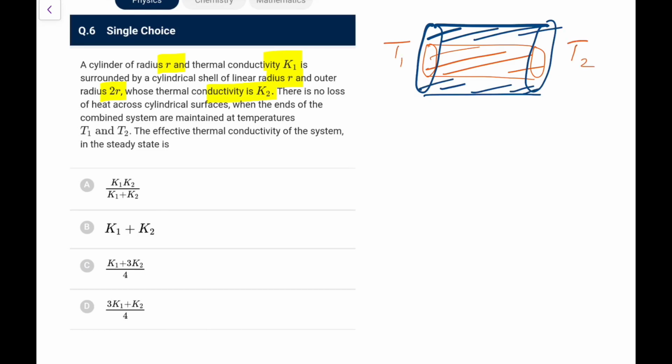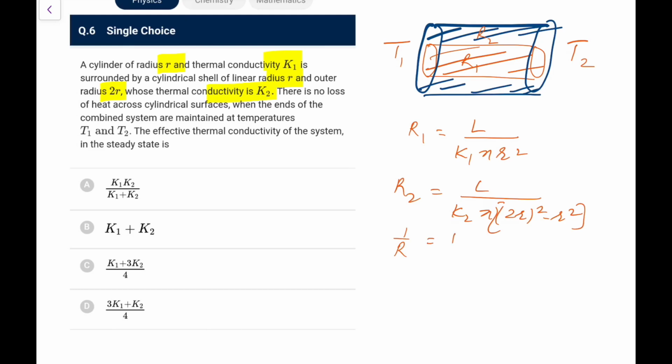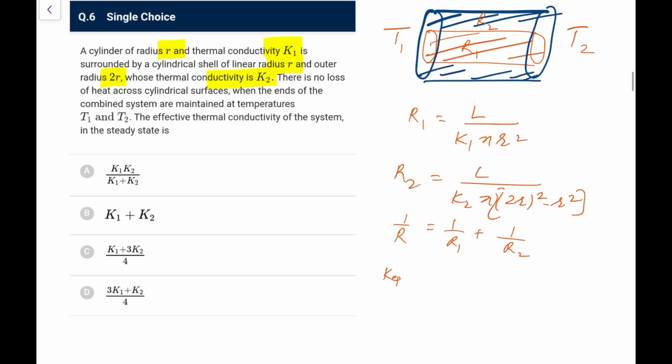So basically you have two resistors in parallel. First one is R1 and the second one is R2. R1 you can write as L upon KA, so L is, let's say, L, K is K1, area is pi r square. For R2 we have L upon K2 and area would be pi times 2r square minus r square. Now because they are in parallel, the effective resistance would be 1 by R is 1 by R1 plus 1 by R2, and we can write 1 by R as K equivalent.